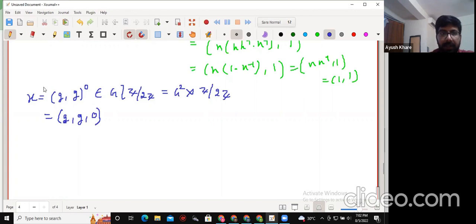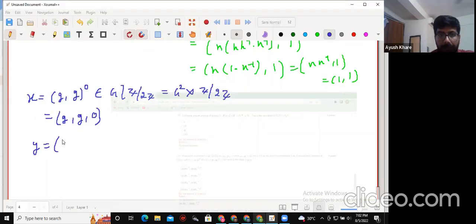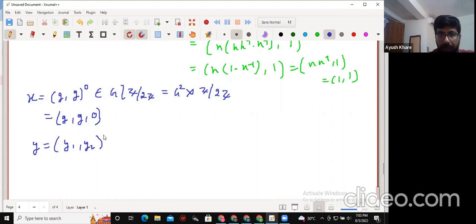It's an element of the set G cross G cross Z mod 2Z, but the group operation is different. So X is this, and Y is Y1 comma Y2 raised to 1. It's just a notation. They are denoting it with some different notation. But you can easily guess what this notation should be. It is Y1, Y2, 1.